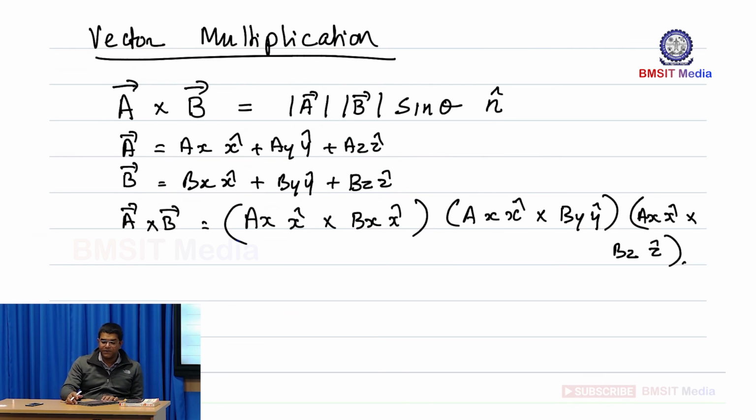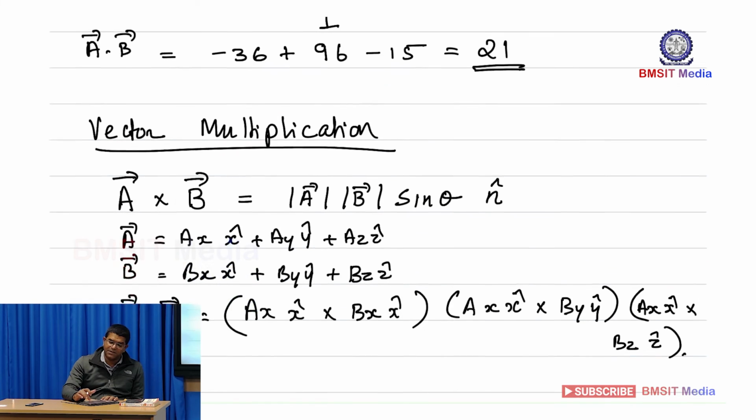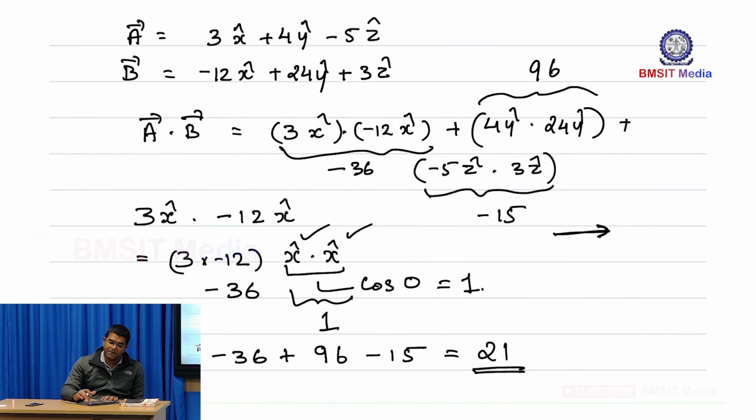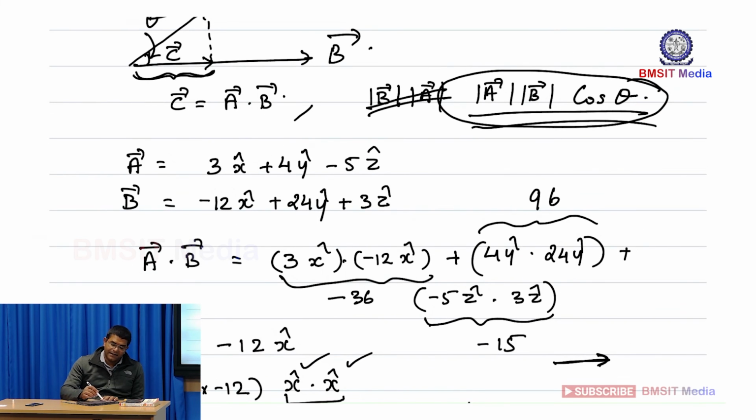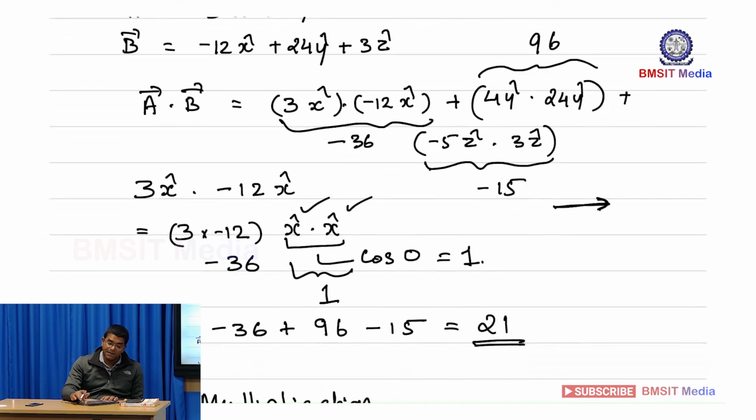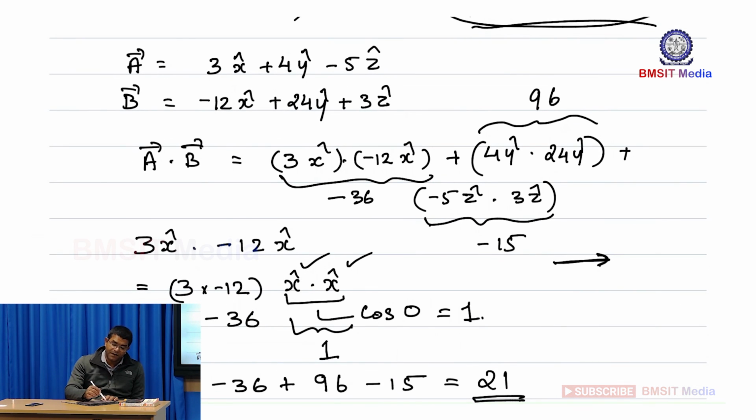So the same thing was applicable in the dot product also. So basically you take the first term, multiply with all these three, find the dot product with all the three. So when you do the dot product of 3x with this minus 12x, you got 3 into minus 12 was the answer, because x dot x is 1.